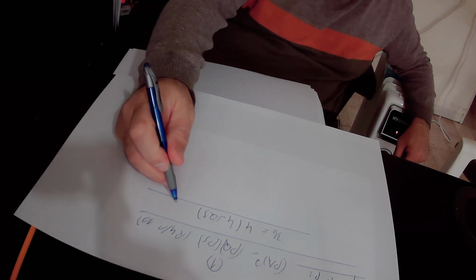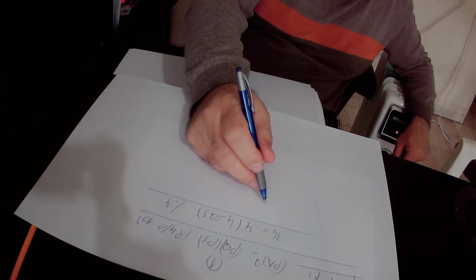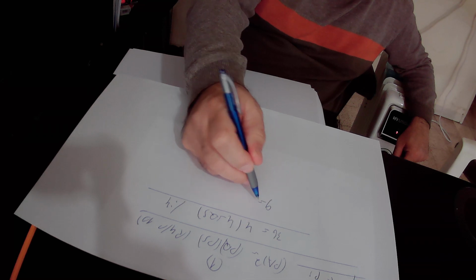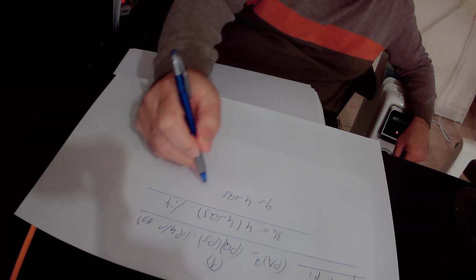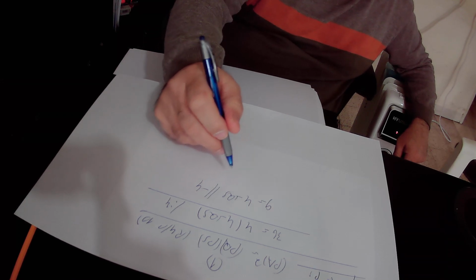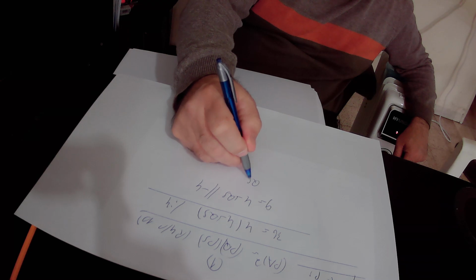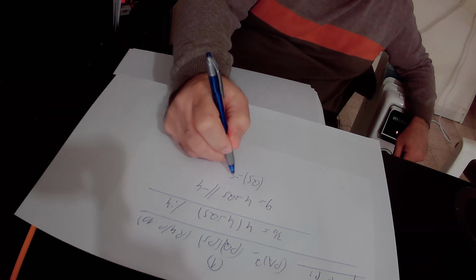Here we'll divide this equation by 4, and we get that 36 over 4 is 9, so 9 equals 4 plus QS. Here we subtract 4 from this equation, and we get that QS equals 9 minus 4, that is 5.